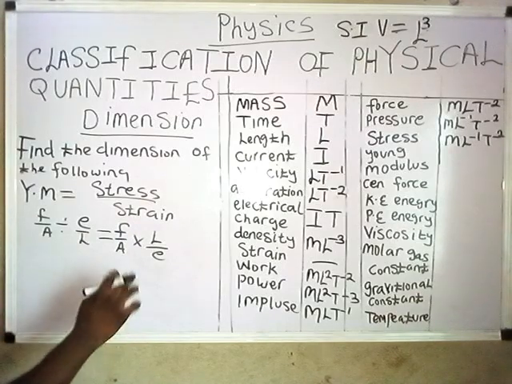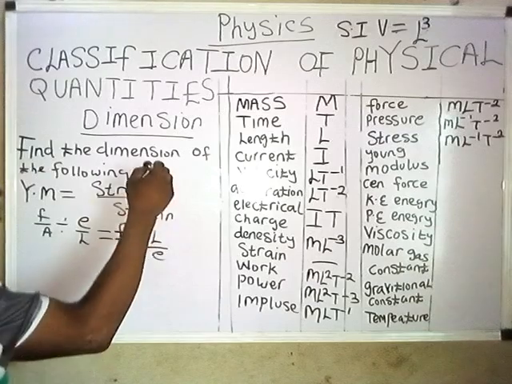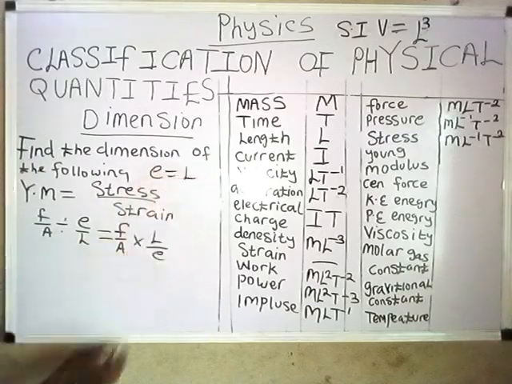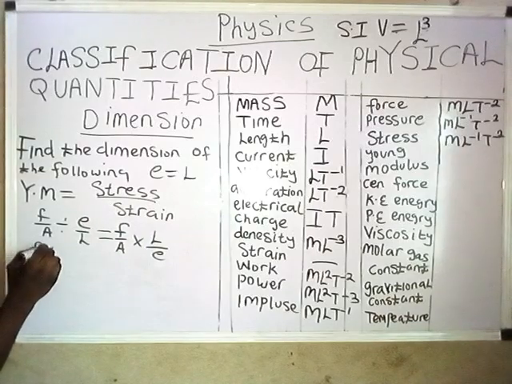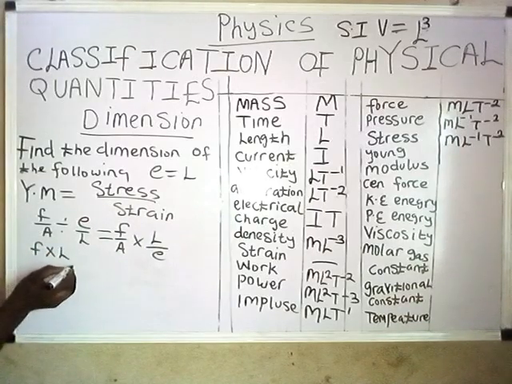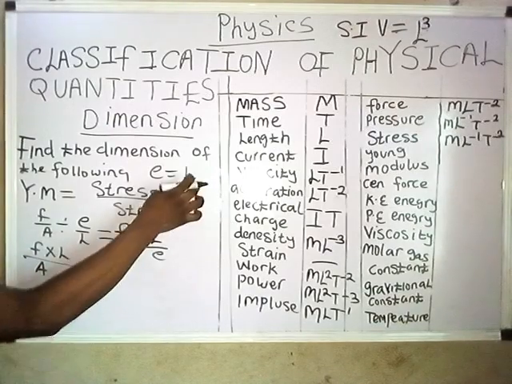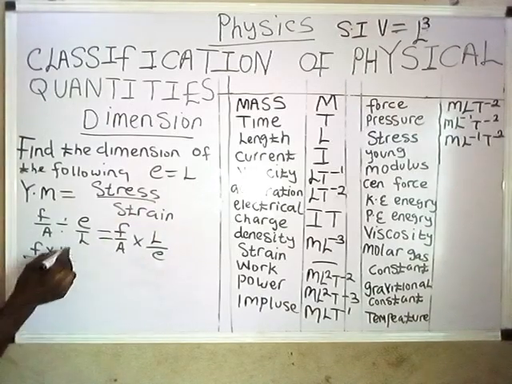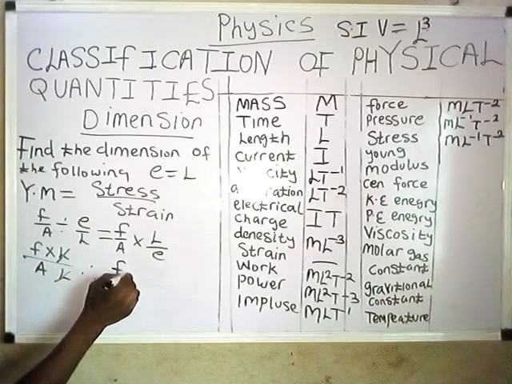I told you earlier that extension is measured in length. So we can say let extension equal length. So force times L over area times extension, which is equal to L. So L cancels L. We can therefore say force over area.